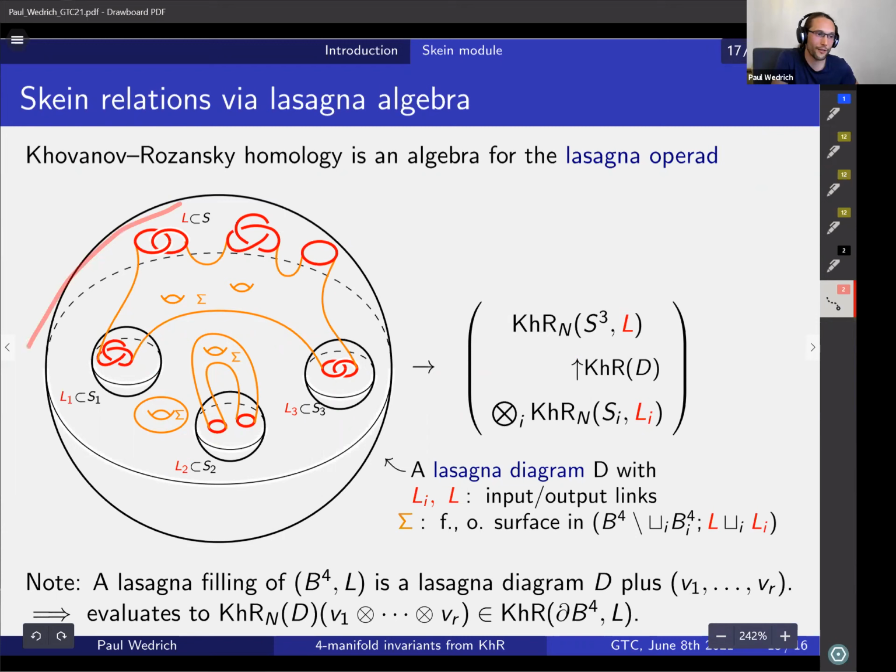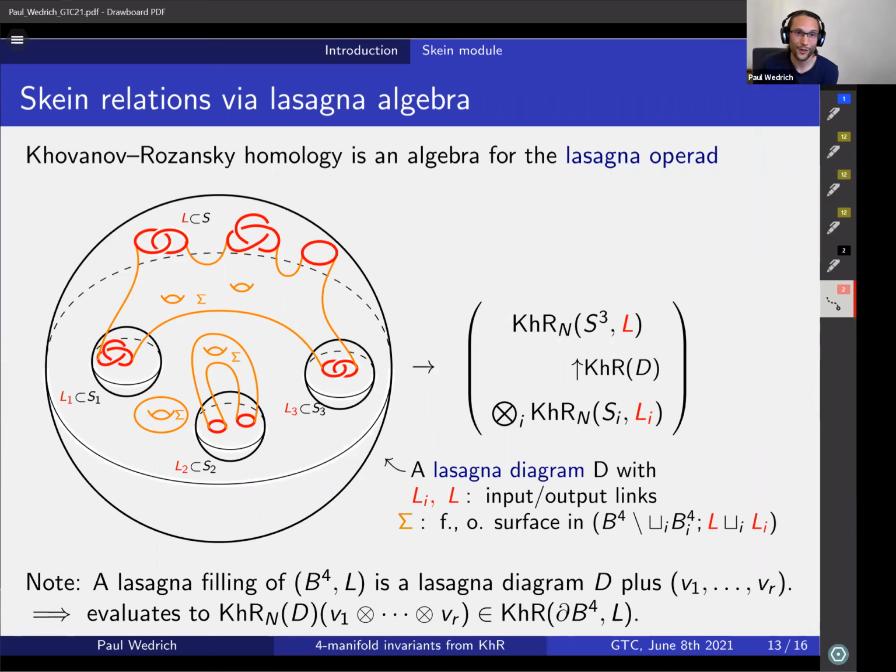I have a big 4-ball, and then I have some smaller 4-balls drilled out. On the outer boundary, I have a link L. On the inner boundaries, I may have some links Li. And then in the complement, I have the surface sigma, which connects these links on the outer boundary and on the inner boundary. Such configurations, I claim, form a colored operad.